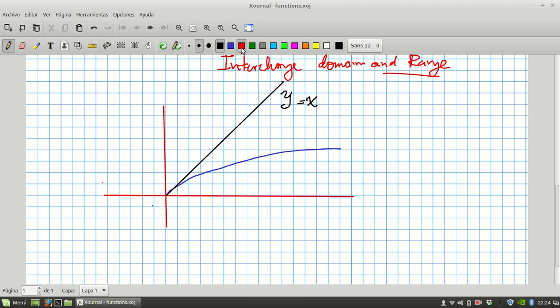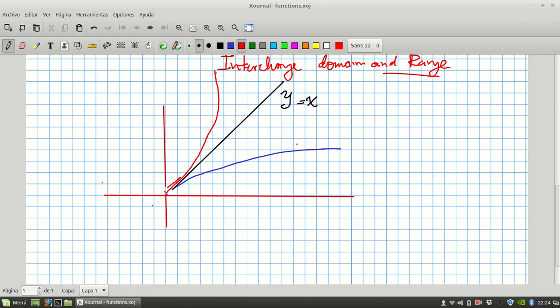Okay, the reflection of this line is going to be, imagine like this is a mirror, so what we're going to see is this. That will be the graph. Okay, it's not as good as my hands, but I think that you got the idea.